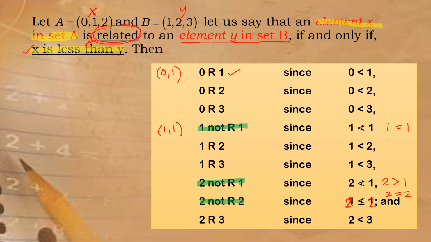Before we proceed on getting the relation of set A and set B, let's first get the Cartesian product A cross B. A cross B is the set of ordered pairs such that X is an element of A and Y is an element of B. So we have A cross B equals the set of 0, 1.